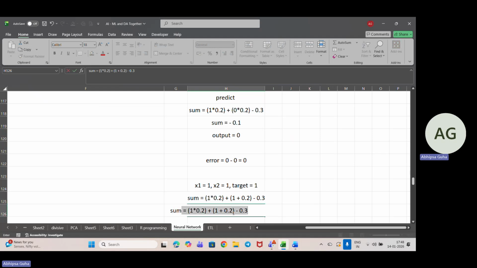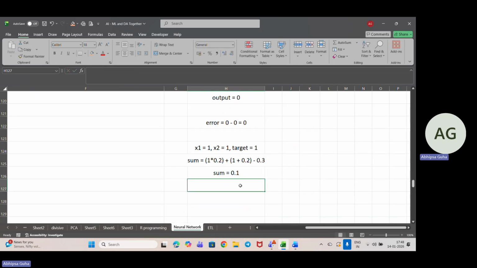So here my sum value will come up as 0.1, not minus 0.1, as positive 0.1. So my output is 1. Suppose the threshold or the activation function that I am taking: if the value is lesser than 0, then the output is 0. If the value is above 0, then the output is 1. So this is also a correct answer because my target is 1 and output is 1. So we need to just keep on doing it.